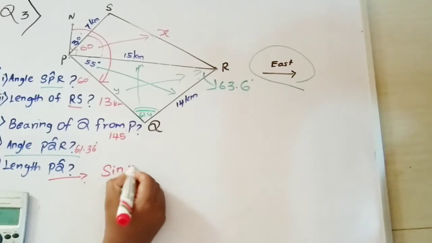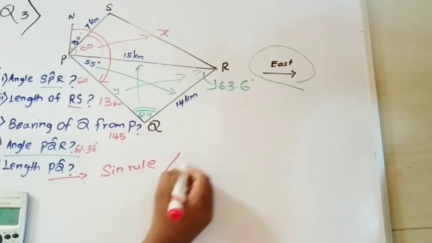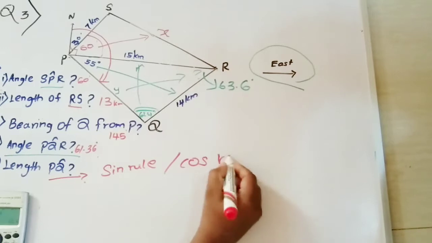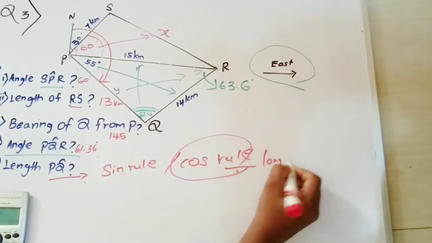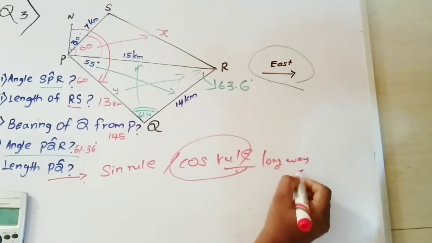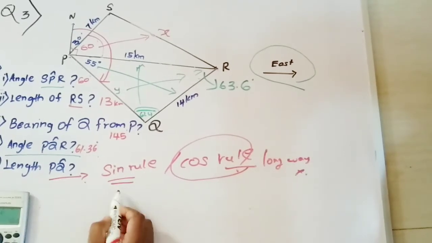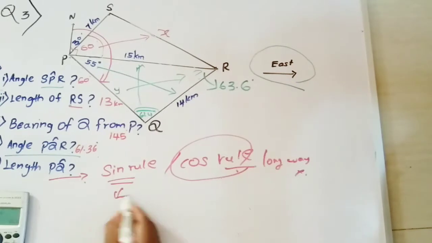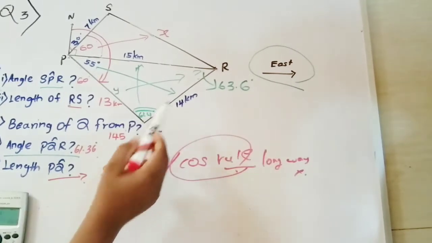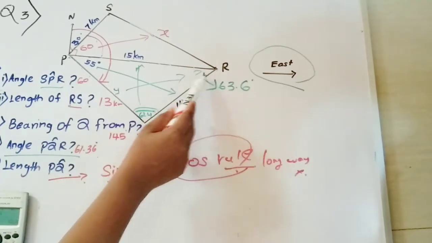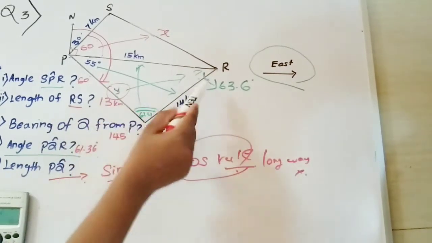But since we found R, we use the sine rule because it's an easier method than the cosine rule. The cosine rule is a little longer, but we can get the answer. We'll use the sine rule here. What is the sine rule? A over sine A is equal to B over sine B.